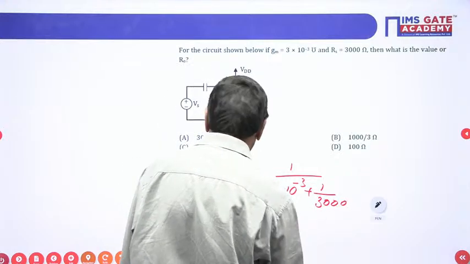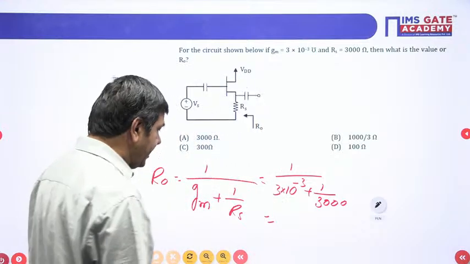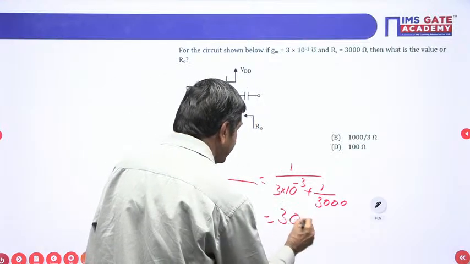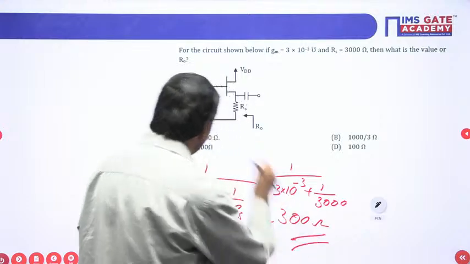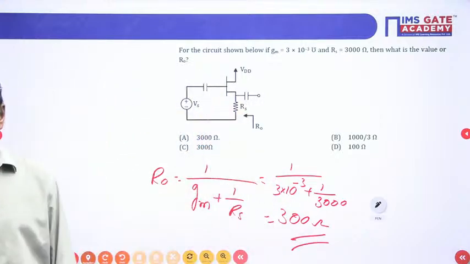If you use the calculator, R naught comes as 300 ohms only. But you apply small signal analysis, and you are going to get the answer.